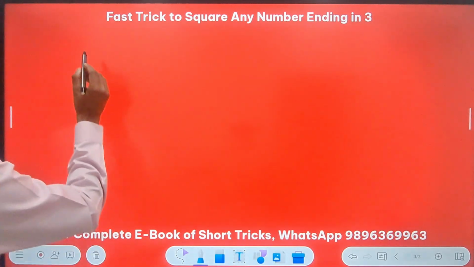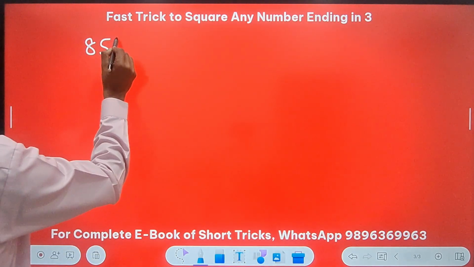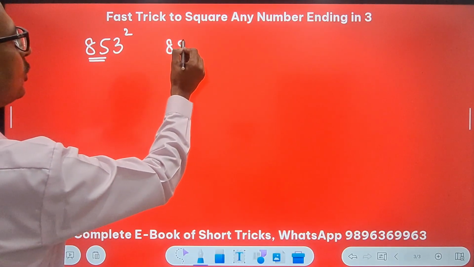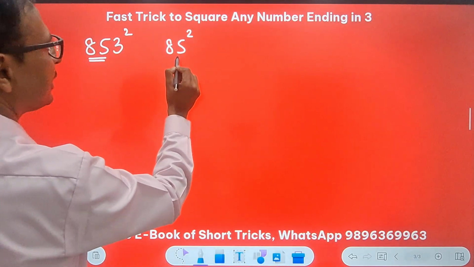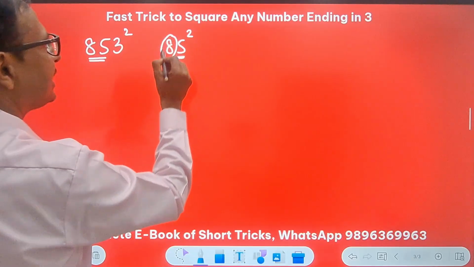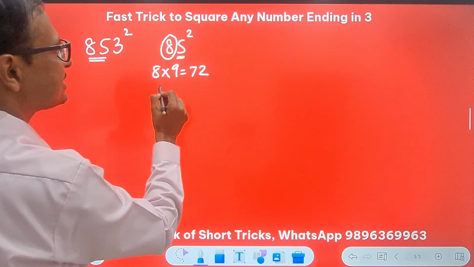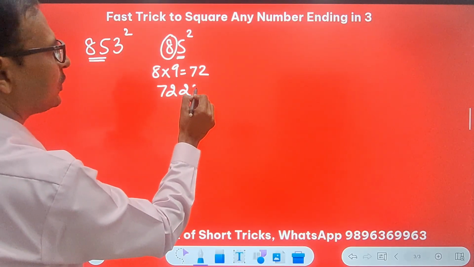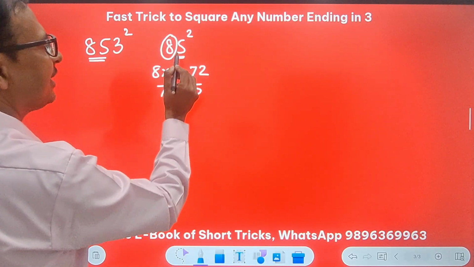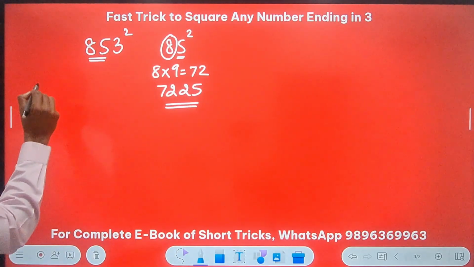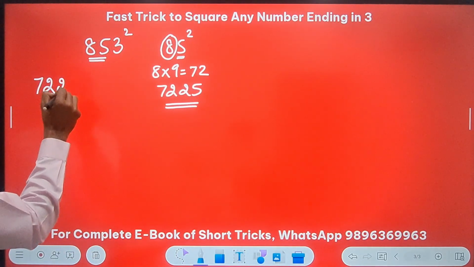Let's take one more example. 853 square. So I need 85 square now, and I know the square of any number ending in 5. 8 times 9 is 72, and this 72 has to be suffixed by 25. Any number ending in 5, the square will end in 25. So 7225 is the square of 85, which forms the first part.